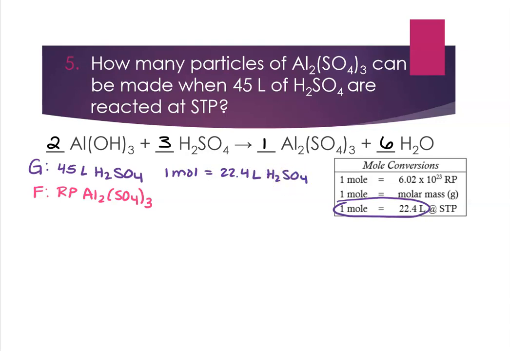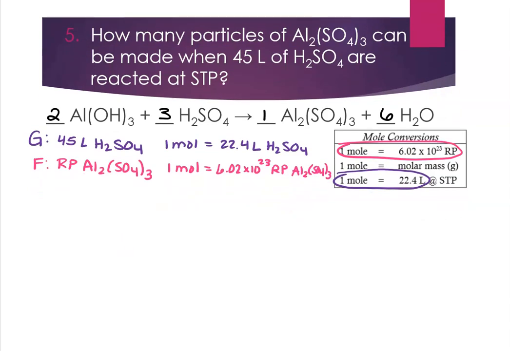And then to get from moles to RPs of Al2(SO4)3, I'll need that conversion. So 1 mole is equal to 6.02 times 10 to the 23rd RPs Al2(SO4)3.